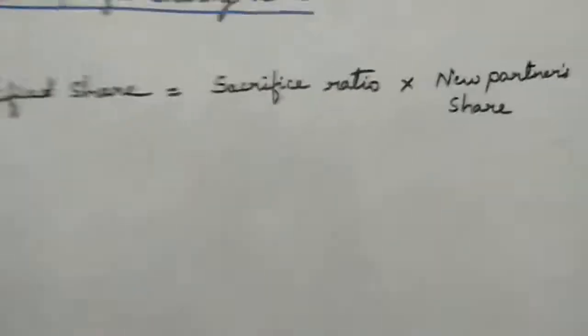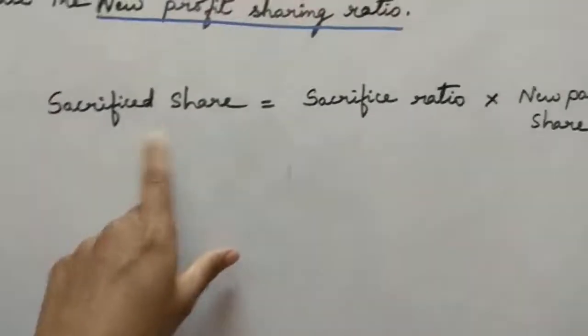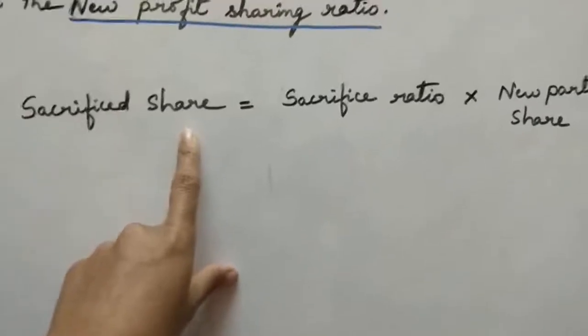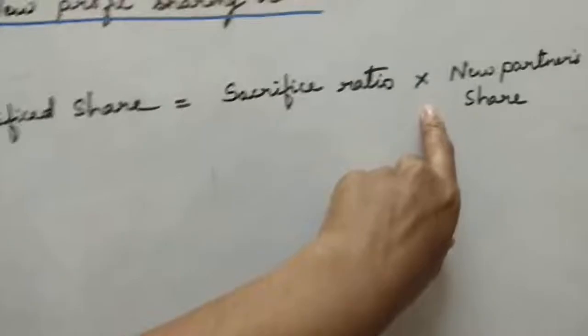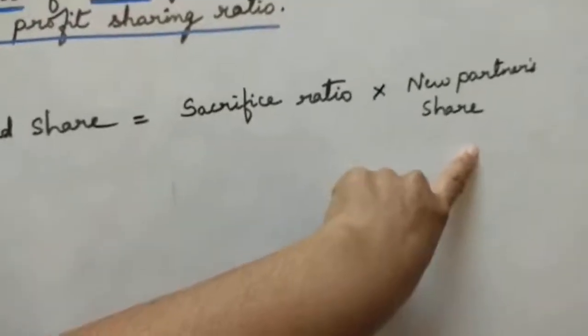Now just observe, for the sacrificed share, we need to convert using the sacrifice ratio. So the sacrifice ratio you have to multiply with the new partner's share.